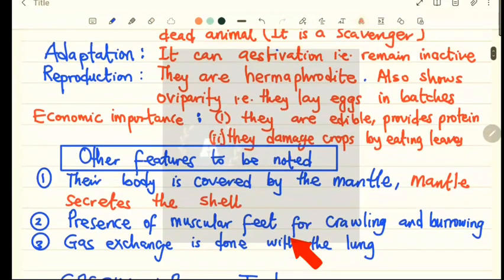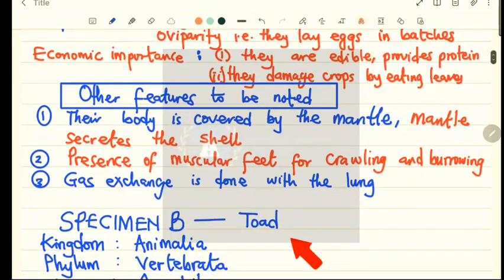And also you should know that there is the presence of a muscular foot, like you can see there in the diagram. The muscular foot is used for crawling and burrowing. Similarly, it also carries out respiration, that is, gaseous exchange is done with the use of the lung.